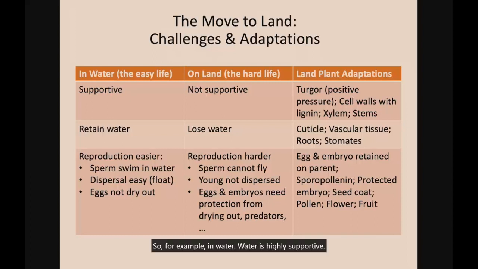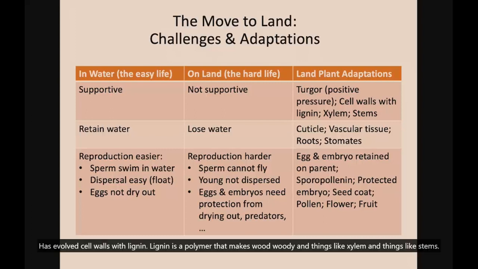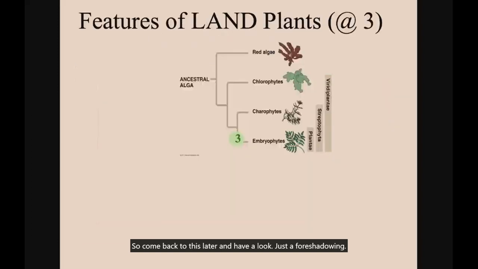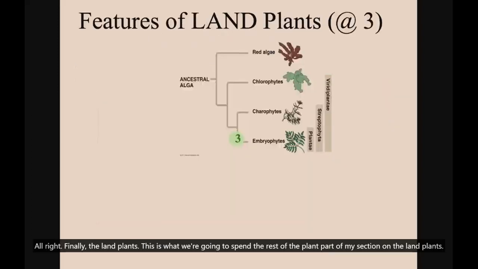So, for example, in water, water is highly supportive, as you know. Land is not supportive. So turgor pressure has evolved. Cell walls with lignin. Lignin is a polymer that makes wood woody. And things like xylem and things like stems. So come back to this later and have a look. It's just a foreshadowing.